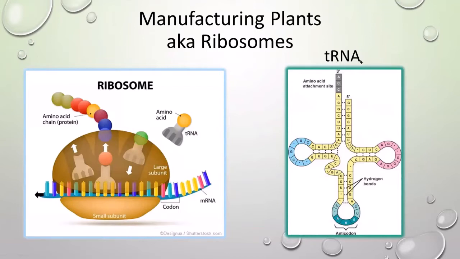This is another type of RNA, and the T stands for transfer RNA, because what it does is that it has the signal for what amino acid needs to be attached up here. But what the ribosome reads is this piece down here of the tRNA.